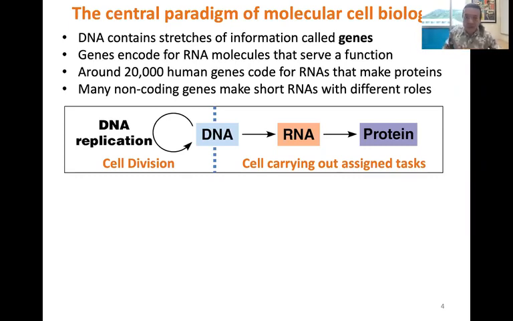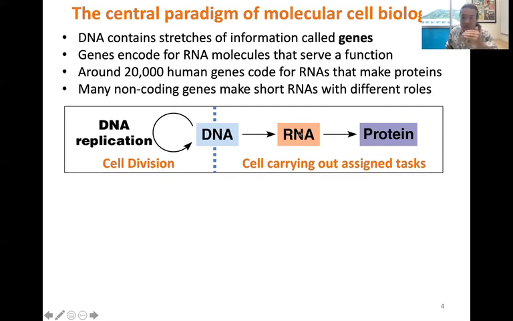Okay, so the central paradigm, or central dogma, of molecular cell biology, this is kind of a famous phrase, is that the way living things carry out their cellular functions is by starting with DNA over here, and information in the DNA being transcribed, or converted, into a different molecule, RNA.